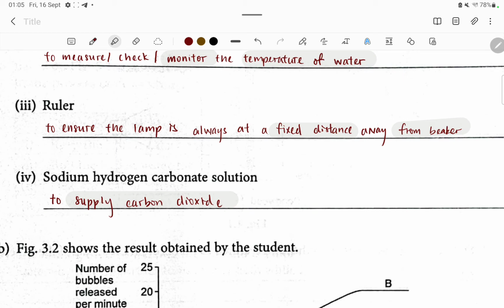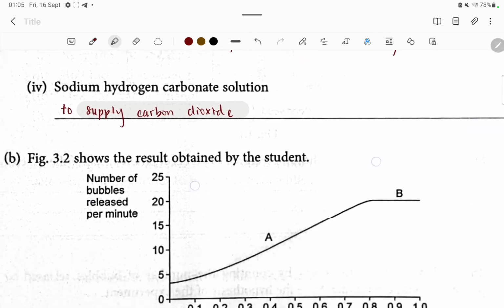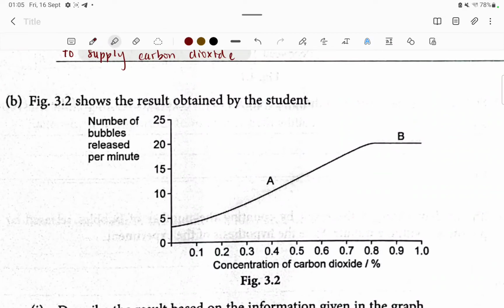Okay, let's look at B. Figure 3.2 shows the results obtained by the student. Okay, so this one is release per minute, and then this one is concentration lah.